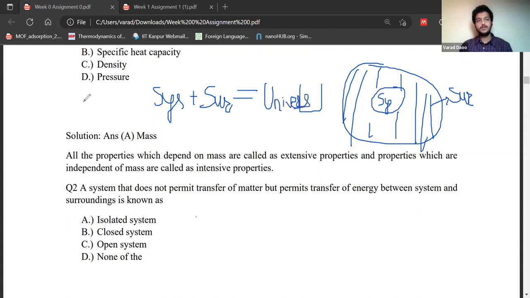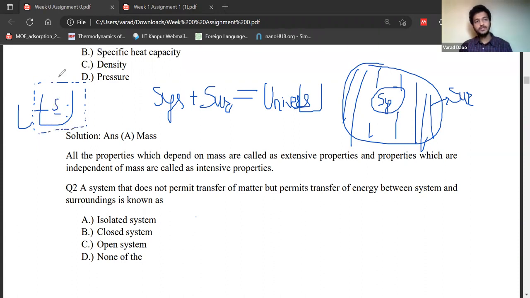If we have a glass of water, a container filled with water, you draw a boundary around it, and this is our system.